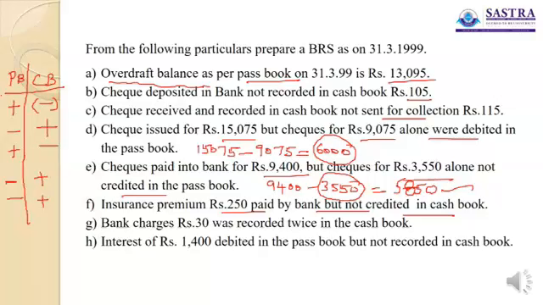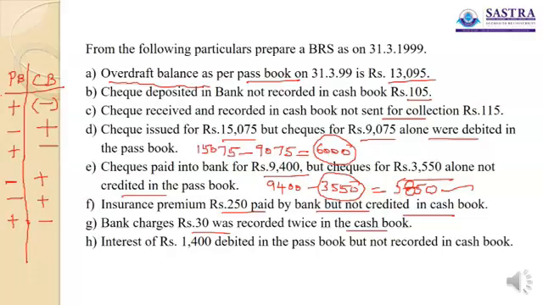Then bank charges of 30 were recorded twice in the cash book. Twice the cash book had the expense, which keeps the cash book balance lesser but not the passbook, wherein the charges were made only one time.